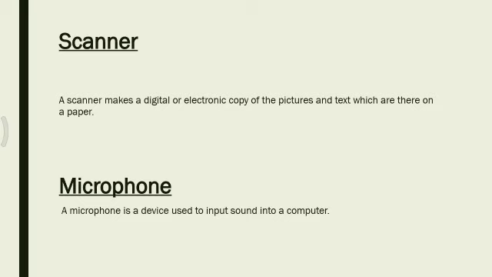scanner makes a digital or electronic copy of a picture and text which are there on a paper. What is a scanner? It is a machine with which we scan. If we scan, the exact print is going to come in the picture. एग्जैक्ट टाइप का जो प्रिंट होता है वो डिजिटल वे में कॉपी होता है, ओके, एग्जैक्टली.